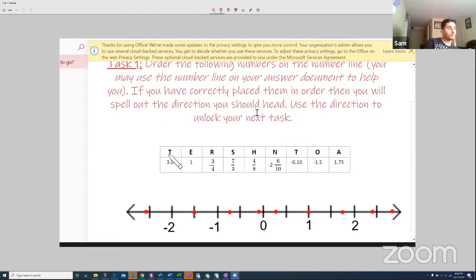We started with T as 3.0, E is 1, R is -3/4, and S is 7/3, and we have H is 4/8, and N is -2 6/10. We have -0.10, we have -1.5, and we have 1.75. Okay, let's work on this one right here.